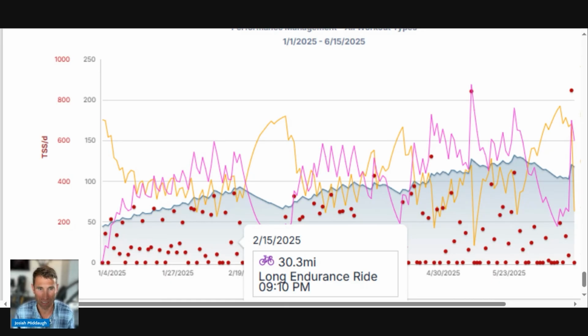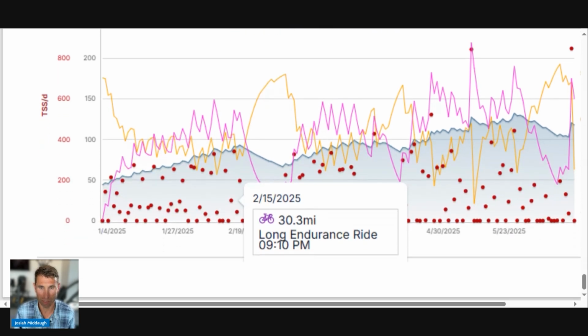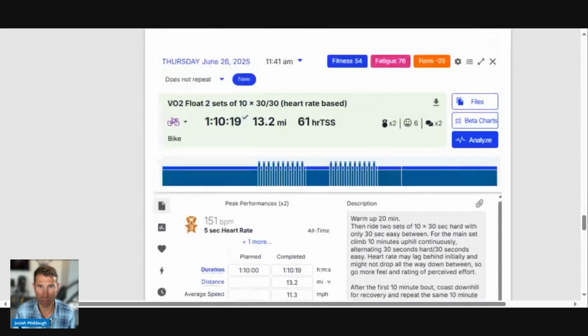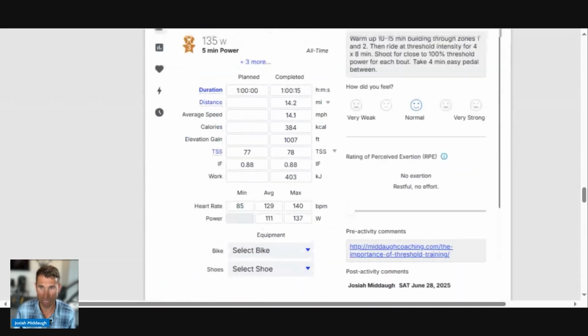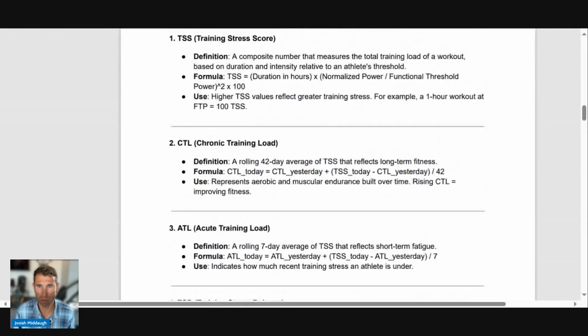So this is from January 1st all the way to June. This is a 6-month period of someone's metrics all plotted out in that performance management chart. So that's it in a nutshell. It's a pretty short overview, but that's the TSS in a nutshell, and that's what some of those metrics mean.